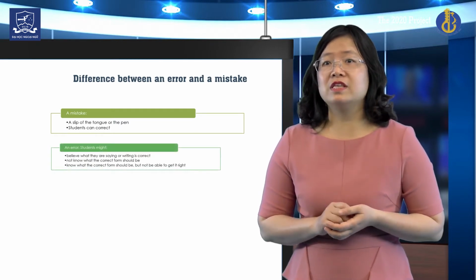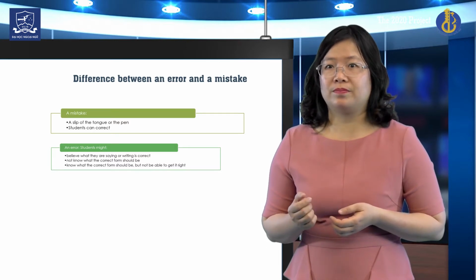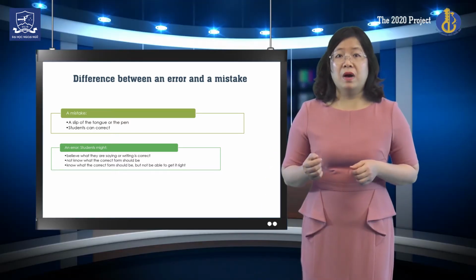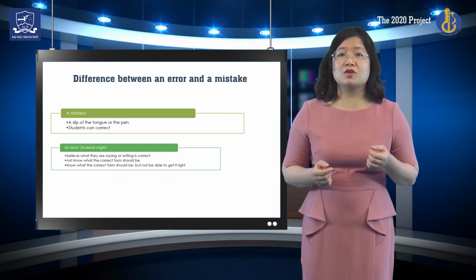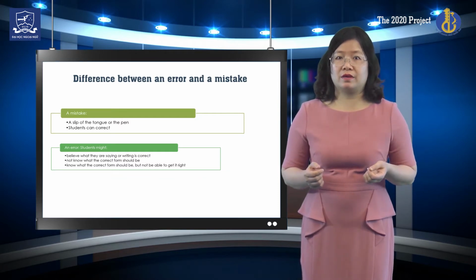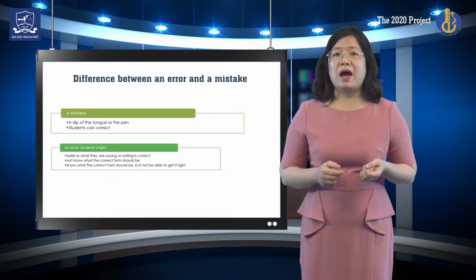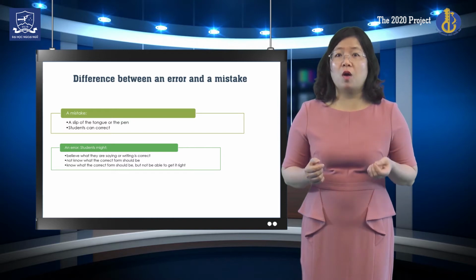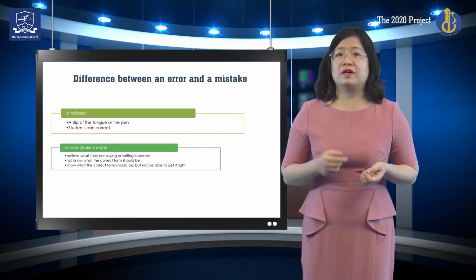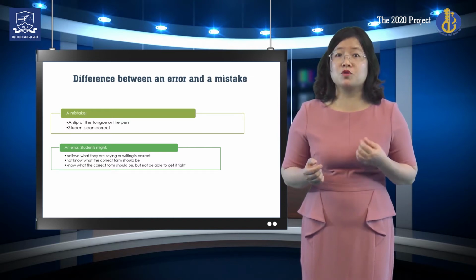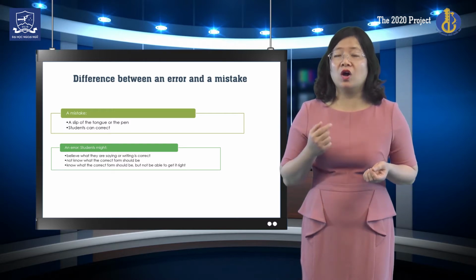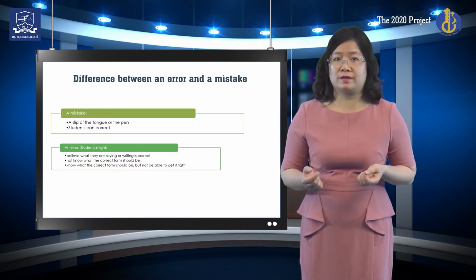An error is much more deeply rooted. The student might believe that what he or she is saying is correct, or they might not know what the correct form should be, or even when they know what the correct form should be, they are not able to get it right.